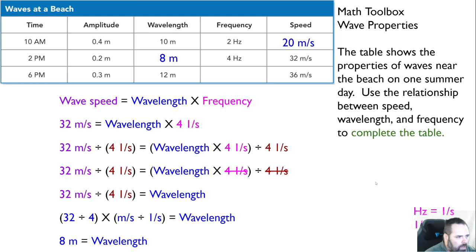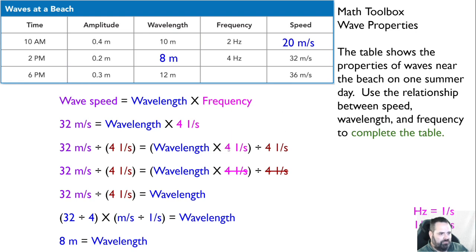Okay. Next, you should have filled in 8 meters. We got to that by saying that the speed of our wave was given to us as 32 meters per second, right? Our wavelength was unknown initially, and our frequency was 4 hertz, or 4 per second, right? So we're going to take this 32 meters per second, and we're going to divide both sides by the frequency.